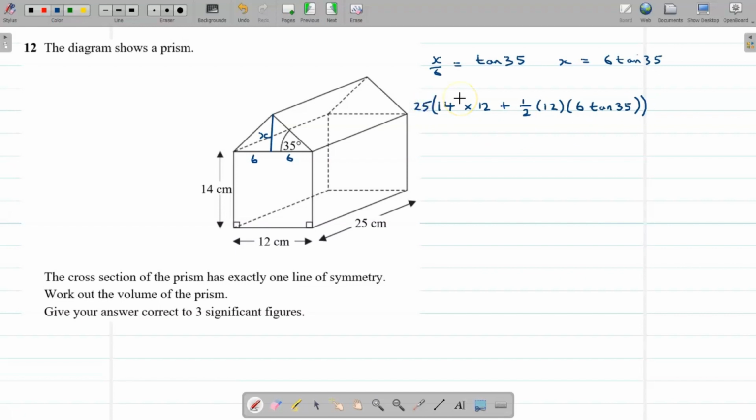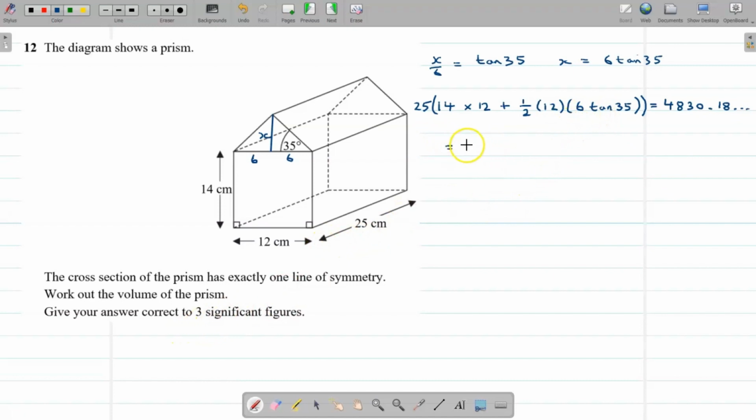Now, if you're confident about this kind of thing, you can just enter that straight into the calculator as it is there, and it will give you the answer which you need. And that comes out to be 4830.18, etc. Now, always write down a few more digits than you need, because it does say give it to 3 significant figures.